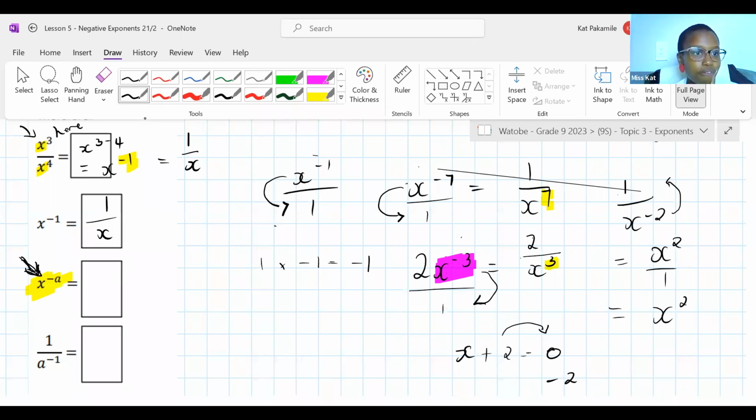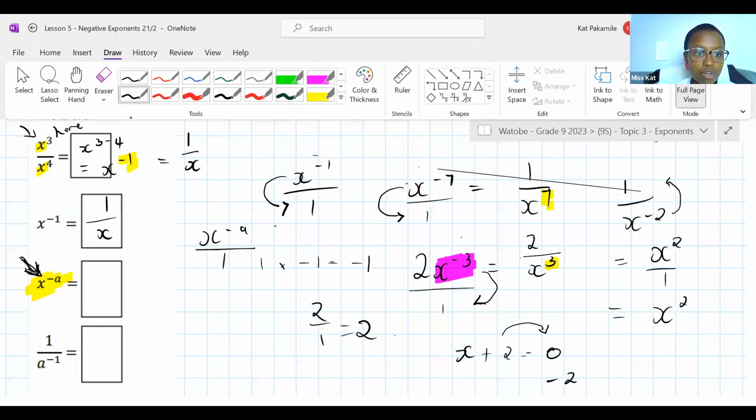But that's confusing. Check how easily we can do this. We have x to the negative a, right? And it's over 1. Any number is always over 1 because a number divided by 1 is just the number itself. Do you agree? A number divided by 1 is just the number itself. So 2 over 1 is just 2. You agree with that? There we go.